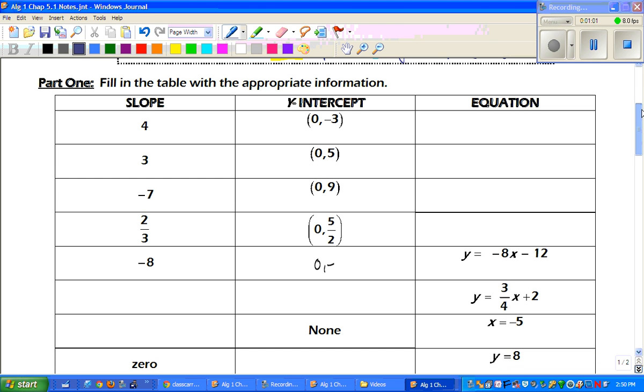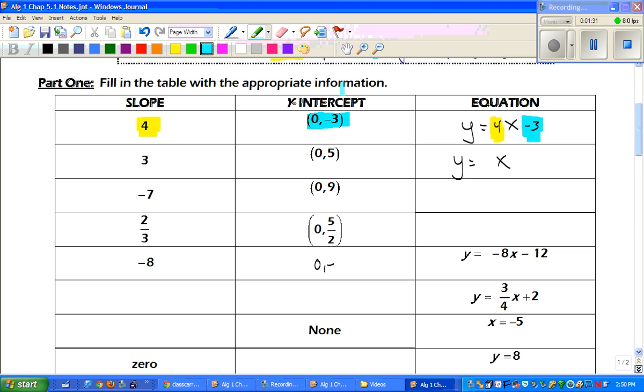So when we're talking about just writing an equation in general, we know that the equation is y equals something x plus or minus something else, and we have to do the investigations to fill that out. Now, the slope is there and the y-intercept is there. So all we have to do is plug in that information and then we've got our equation, okay?